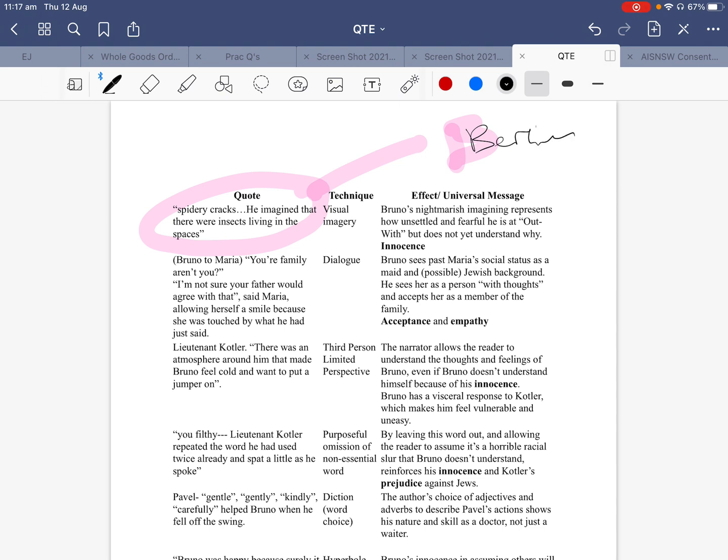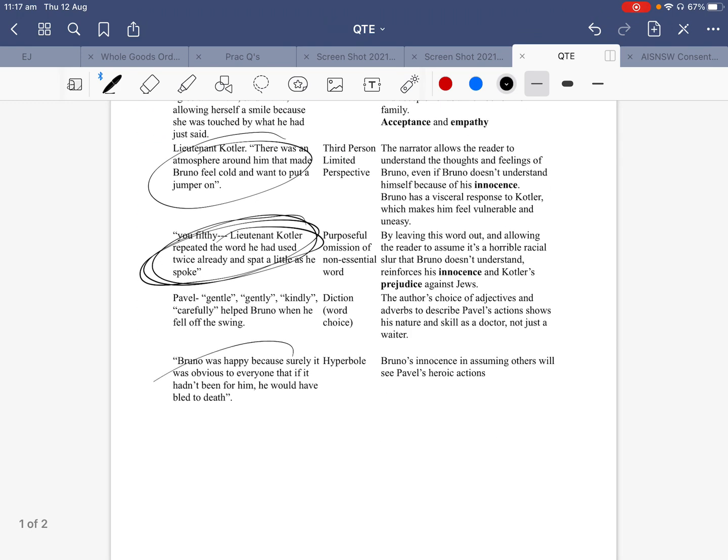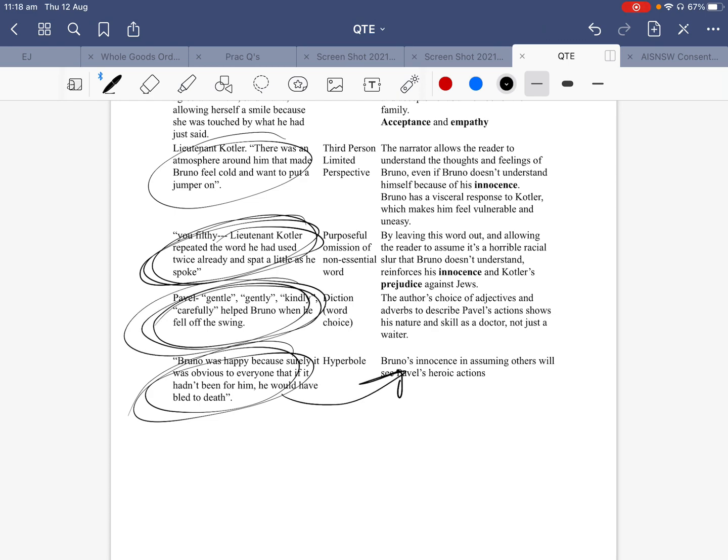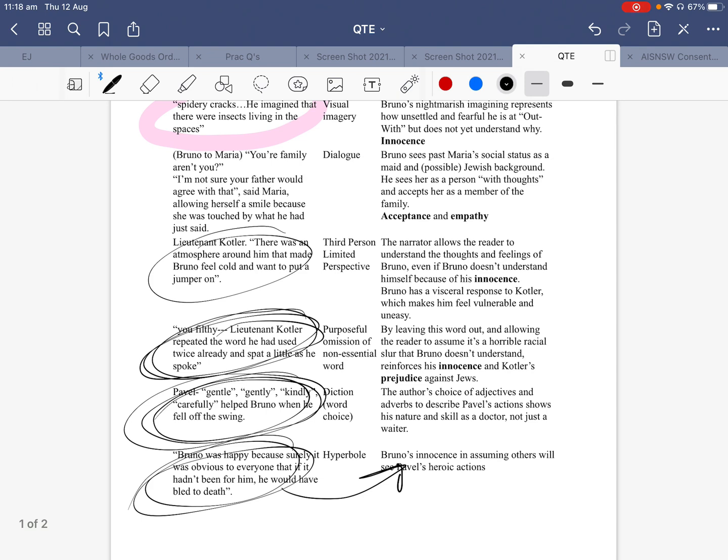You could also do Lieutenant Kotler in his characterization here, but here was much more about Kotler's reaction to Pavel versus Bruno here, where Bruno, his relationship, that he thinks he's quite a hero, and how Bruno and Pavel treats Bruno. Okay, so there's lots of ways that you could do compares and contrasts there.